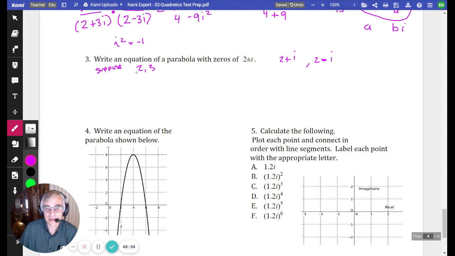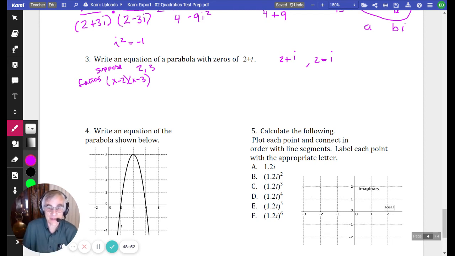Zeros are 2 and 3. Then you could say that the factors are x minus 2 and x minus 3. And that would be an equation or an expression for a quadratic with zeros of 2 and 3.